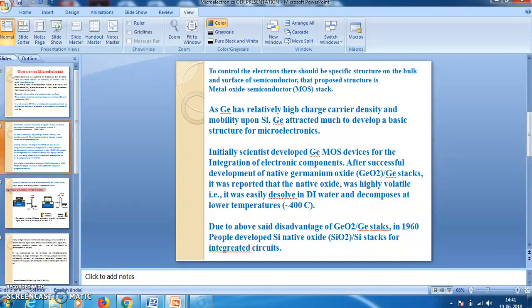As we discussed earlier, people chose germanium as a good semiconductor material, so people concentrated on germanium oxide. They developed germanium oxide stacks. On germanium oxide they put some metal contact and started studying the properties of germanium oxide metal stacks.